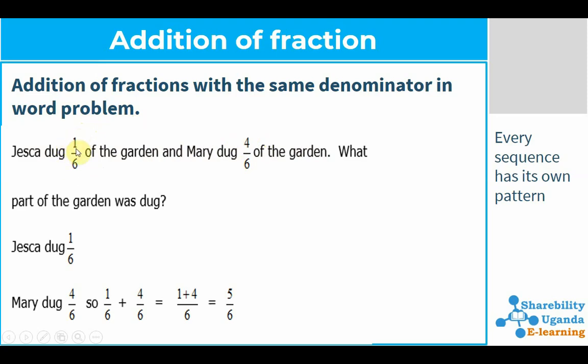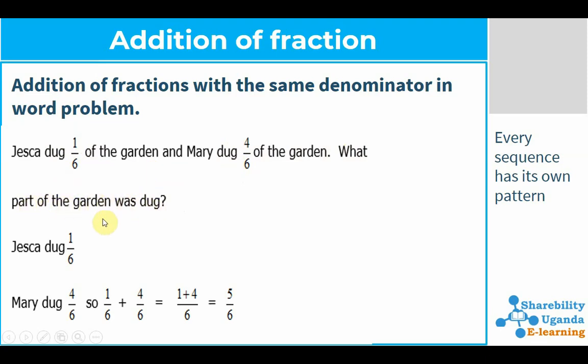Jessica dug 1 out of 6, where 1 is a numerator and 6 is a denominator. 4 is a numerator, and 6 here down is a denominator. So they are asking what part of the garden was dug.